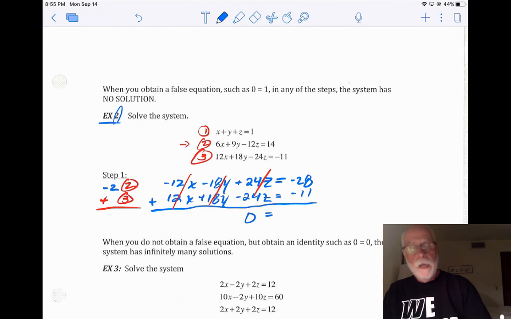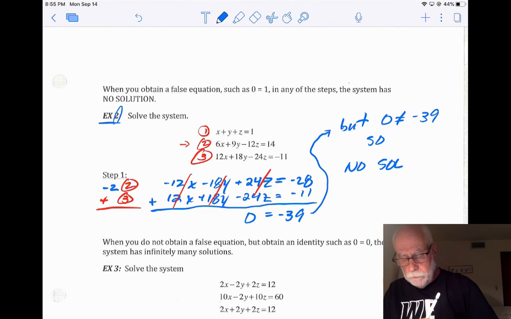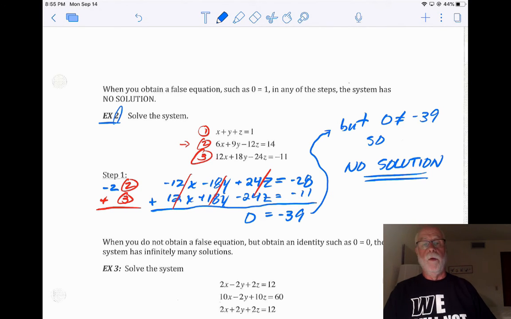On the other side, I have negative 28 plus negative 11, and that will give us negative 39. But we know that 0 does not equal negative 39, so you're going to have no solution. All right, so the no solution ones are kind of simple.